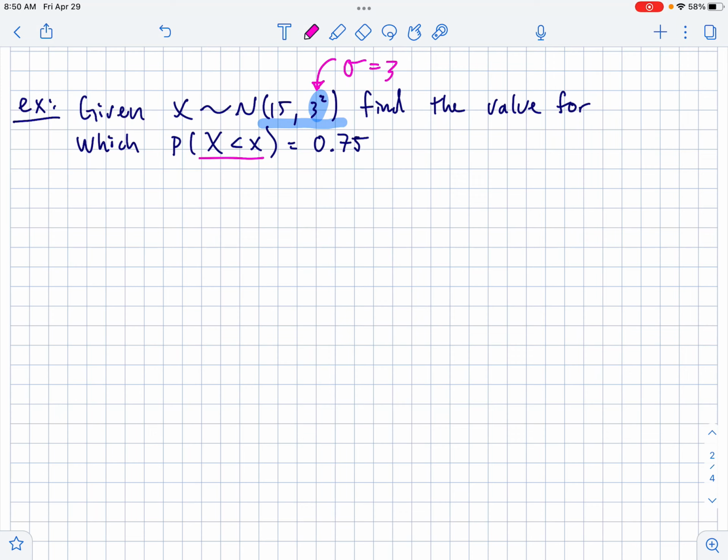Now, the book turns this into a z-score. The book says, if we know the z-score, we can use invNorm and 0 and 1. So they do x minus the mean divided by the standard deviation, and this equals 0.674.